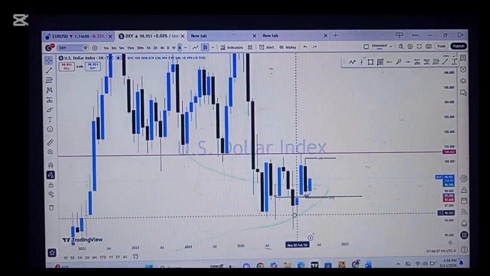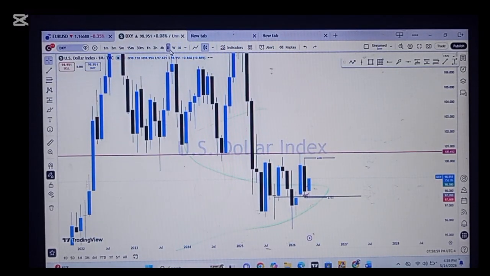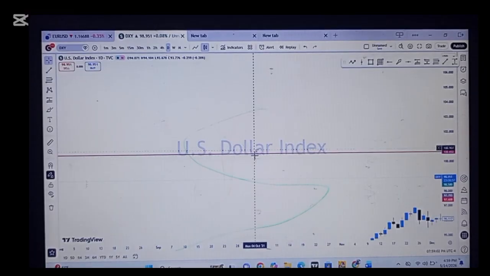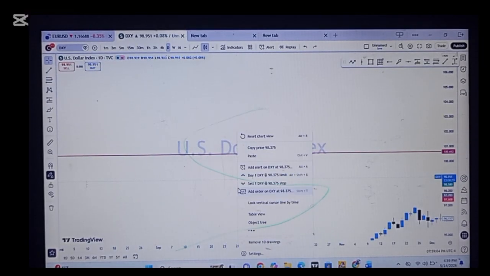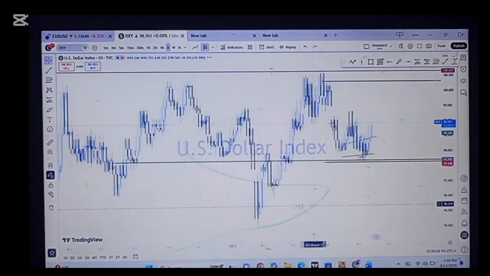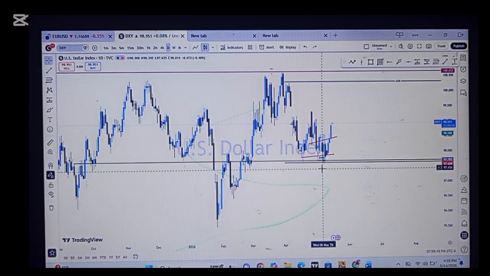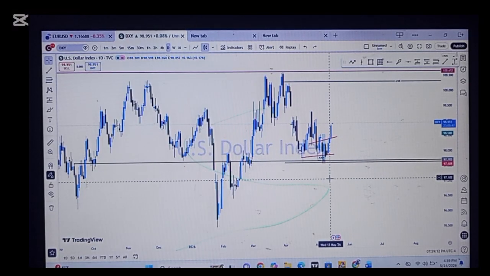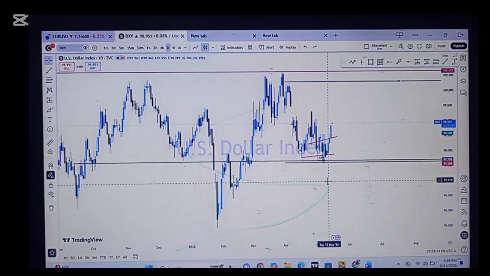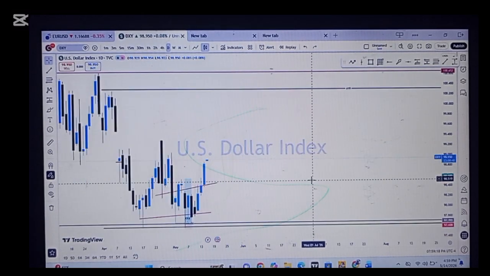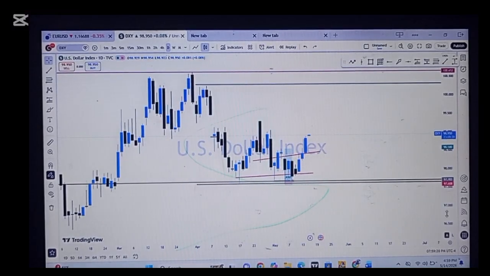DXY is gaining strength. If I come to the daily time frame since when the news was released, you can see what has been happening. This is Tuesday. We had the bullish momentum from Tuesday when the news was released.